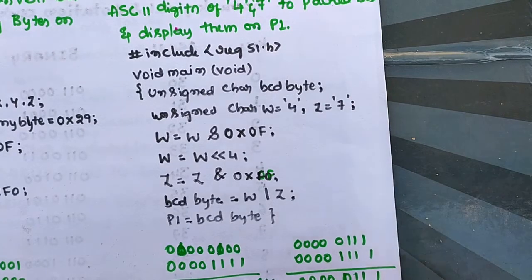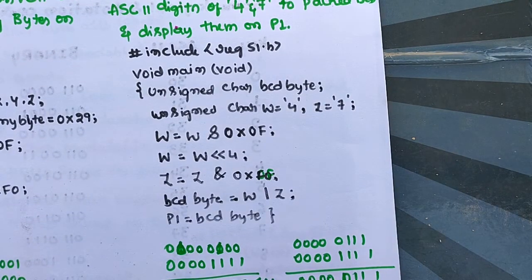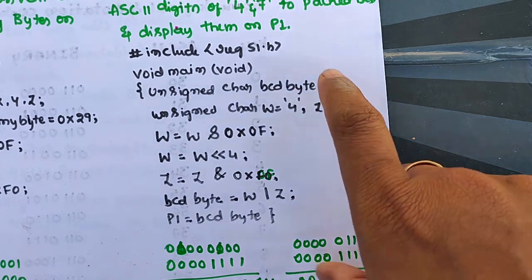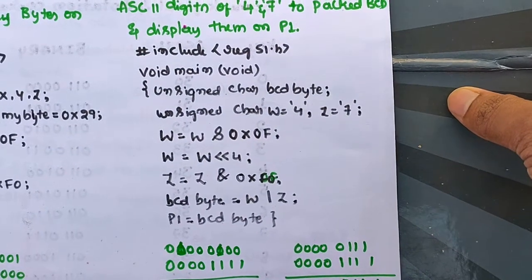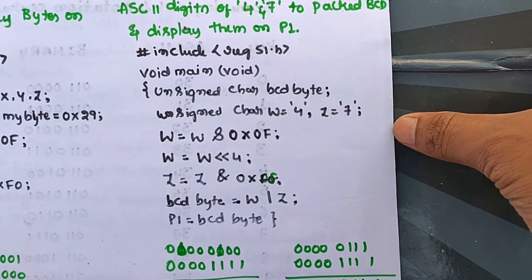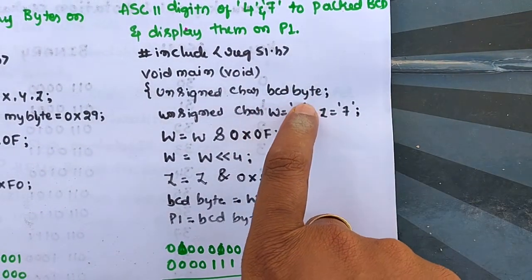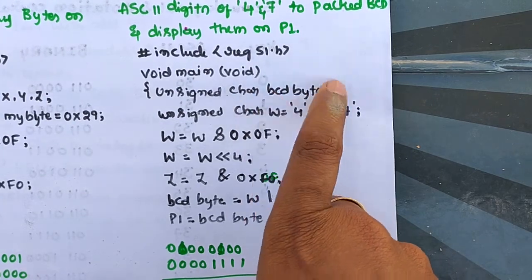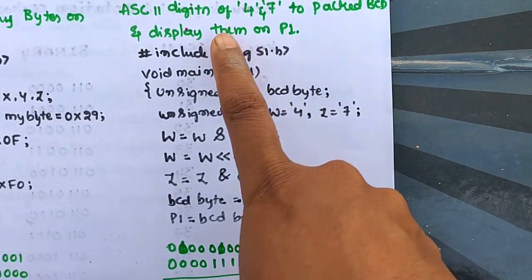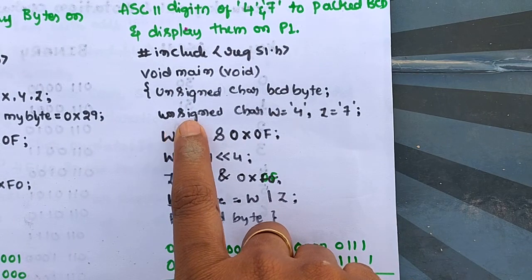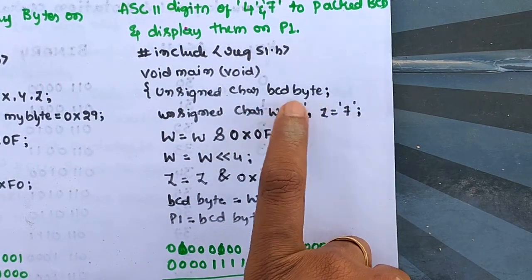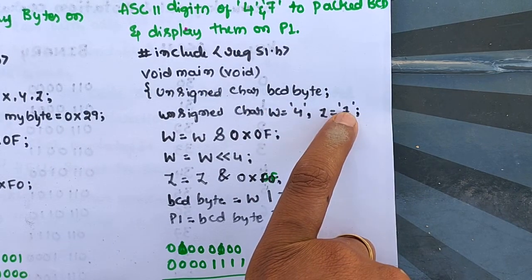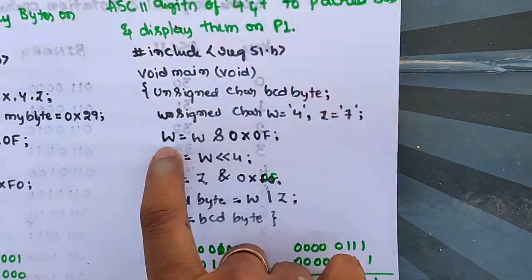So we can do it in an 8051C program. #include <reg51.h> and void main. I define an unsigned char bcdbyte, because in bcdbyte I am going to store the 8 bits of information, that is 47. Unsigned char w is equal to 4, z is equal to 7. Two ASCII values we need to assign as unsigned char.